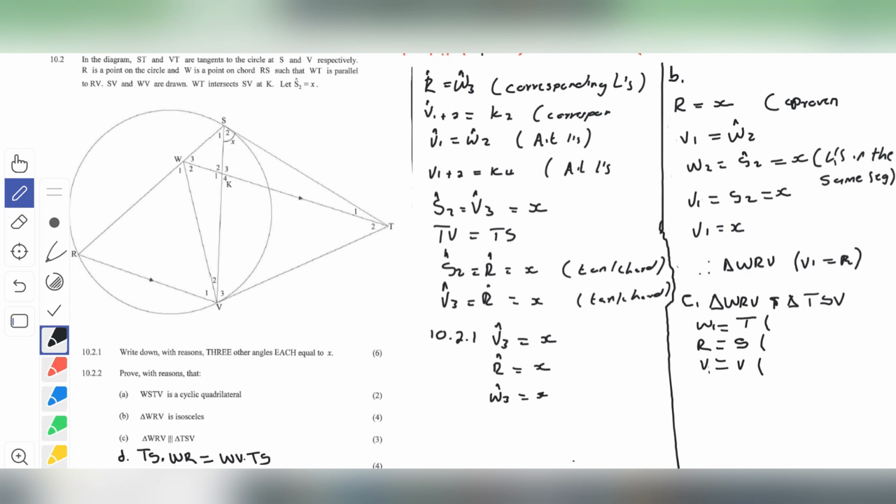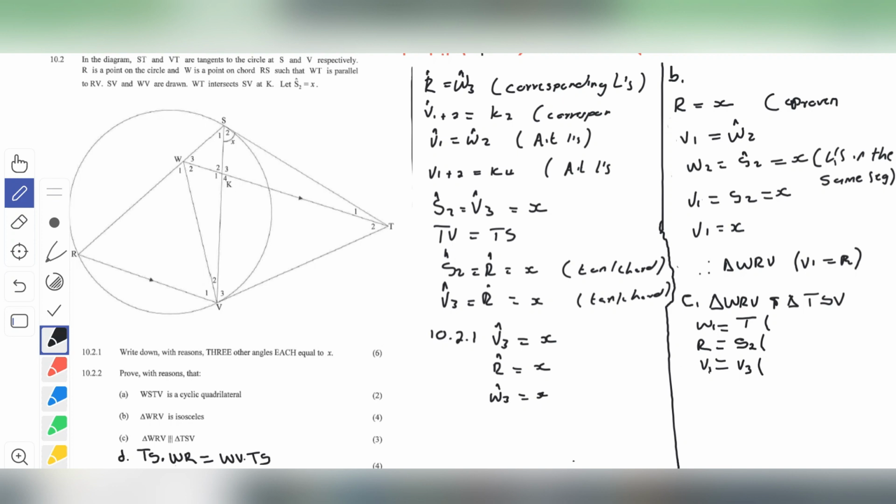All of R S K? It's in TSV with S2 only, S2. And V, guys, it's V1 here, right? And for TSV, it's V3, meaning it's V1 and V3.